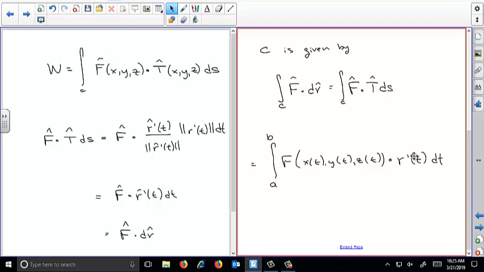If we have r as a function of t, we can find r prime as a function of t. If we use that r of t to rewrite the vector field as a function of t, then we take the dot product. That dot product will give us a scalar, and we integrate the scalar function of t with respect to t from t equals a to t equals b, and we get the answer.